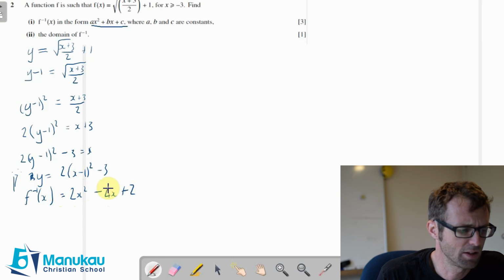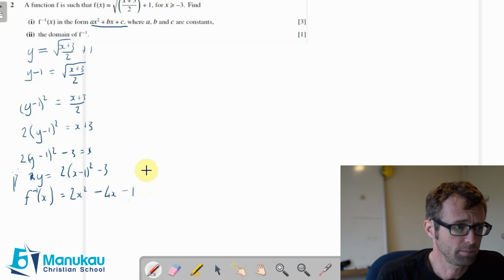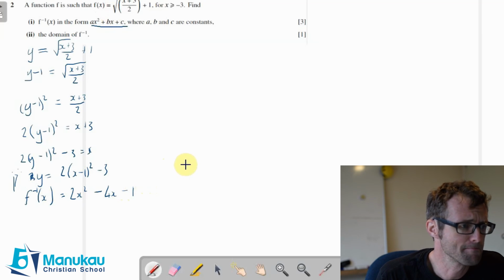Let me just check that, x squared minus 2x plus 2, yeah, and we double all of that. Then we've got this minus 3. So at that point, I guess we can just say in total we've got minus 1. Okay? I hope you're happy with that. That seems fairly straightforward to me.